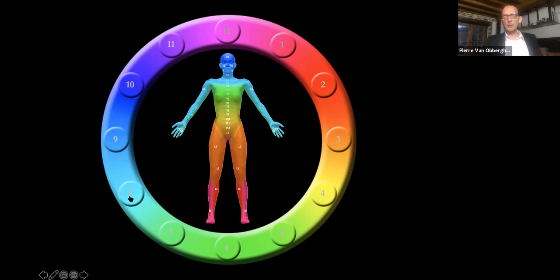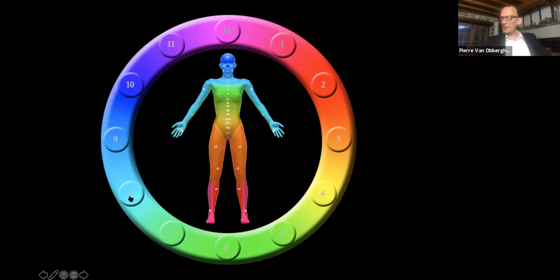But I want to give a little information about color theory, because I have seen in the comments that some people were amazed and said, I don't understand that.